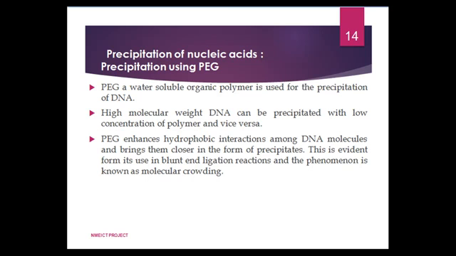Another chemical is PEG. PEG, a water-soluble organic polymer, is used for the precipitation of DNA, and we have seen it is even used for the precipitation of proteins. High molecular weight DNA can be precipitated with low concentration of polymer and vice versa. PEG enhances hydrophobic interactions among DNA molecules and brings them closer in the form of precipitates.